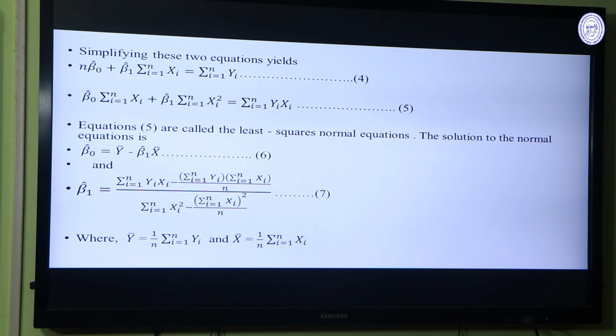Beta 0 hat is equal to y bar minus beta 1 hat x bar, where y bar and x bar are the mean values of y and x, and beta 1 hat is equal to summation i equal to 1 to n yi xi minus summation yi into summation xi divided by n, whole divided by summation xi square minus summation xi whole square by n. Now, this complicated term is the value of beta 1 hat, which is represented by equation 7.